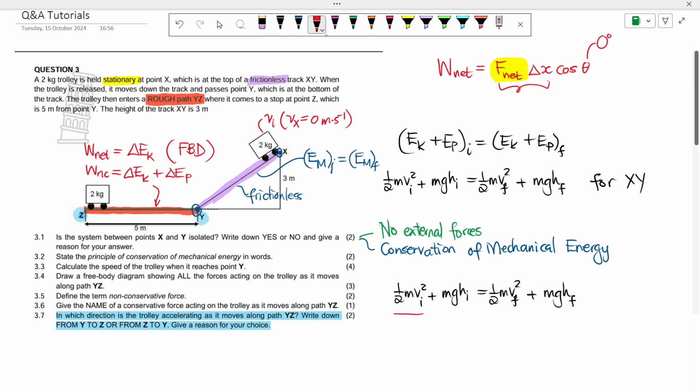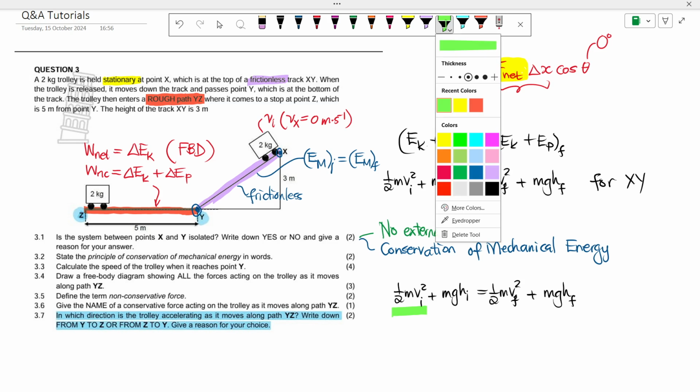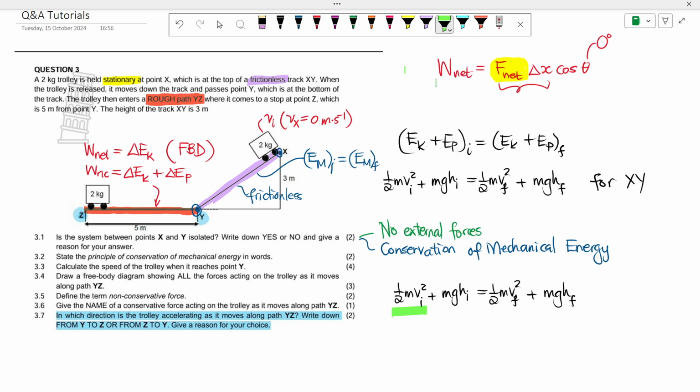This one that I underlined, half m v squared initial, is it 0 or not 0? It is 0, right? Because there's no initial velocity. Remember, it was held stationary at point X. So that's definitely 0.